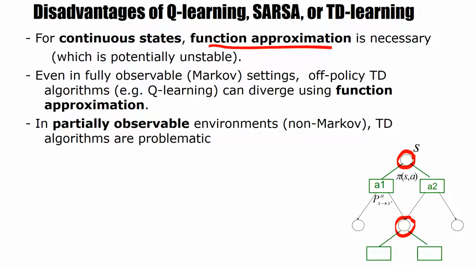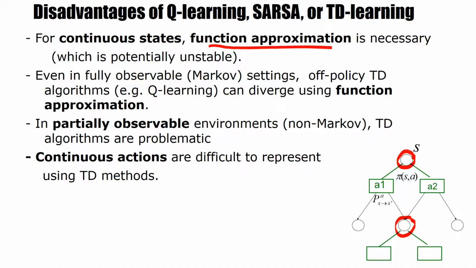It gets worse if you have partially observable environments. That means non-Markovian. You cannot distinguish two states just from the present observation. Then TD learning algorithms become really problematic. And while previously I've talked about continuous states, it even gets worse if you have continuous actions.